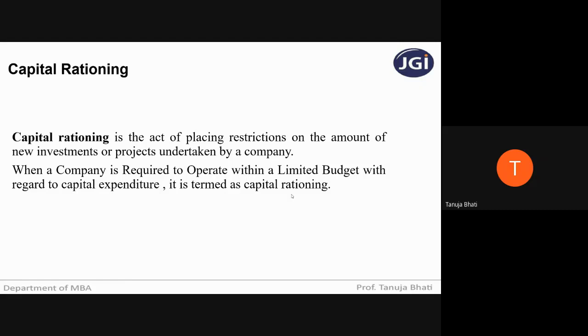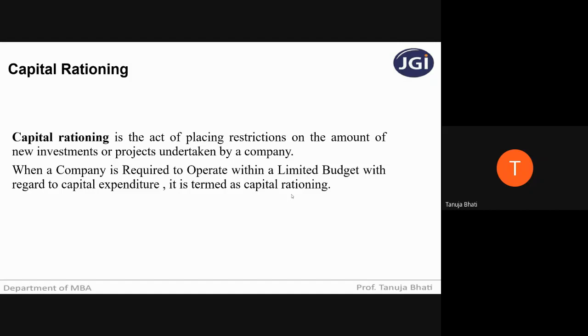Suppose the expenditure is crossing the budget, then it will try reducing certain expenditures. Sometimes it removes certain employees because the cost is more. Wherever unnecessary costs are happening, it will try to do cost cutting in those areas. This is the way the budget is decided by the budgeting team.